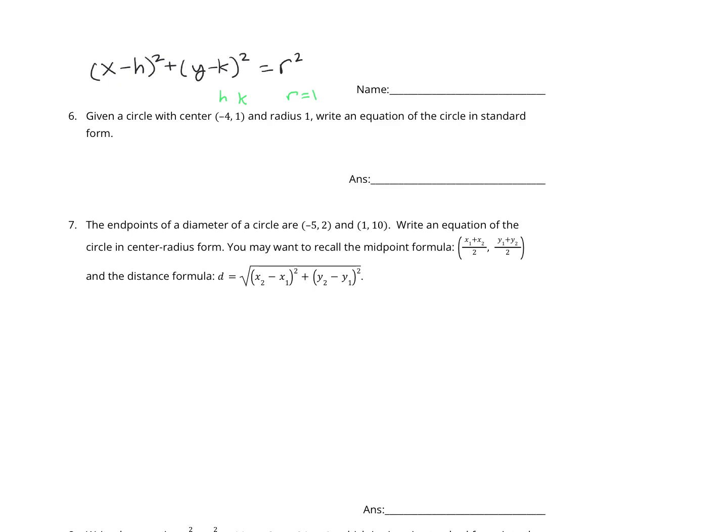So putting that all together, we're going to have x minus a negative 4, which is (x plus 4) squared, plus y minus k, so it's (y minus 1) squared, equals 1 squared, which is just 1. So again, the idea is there just to write the equation out from the given information.